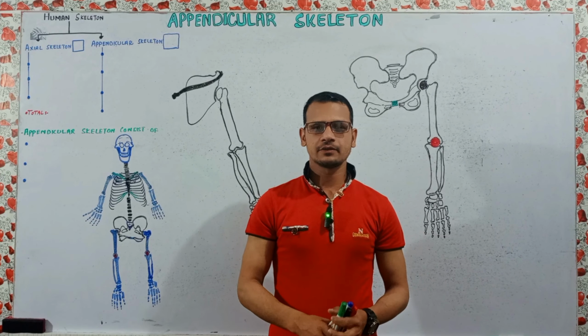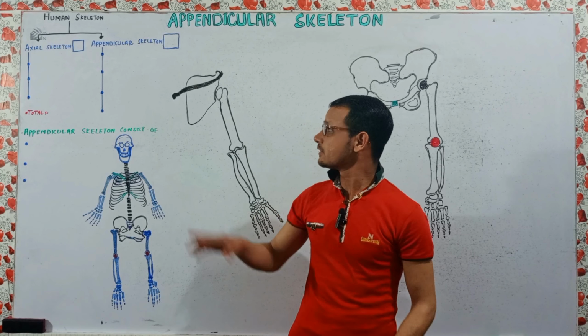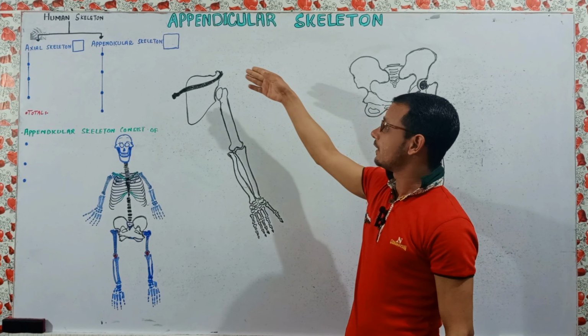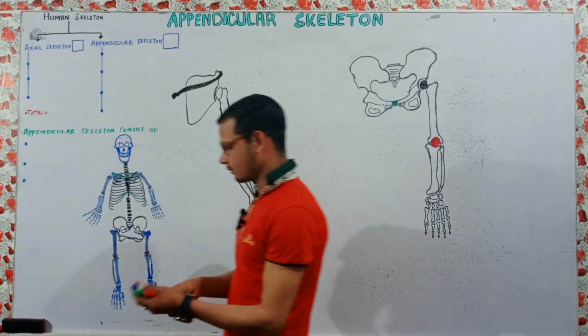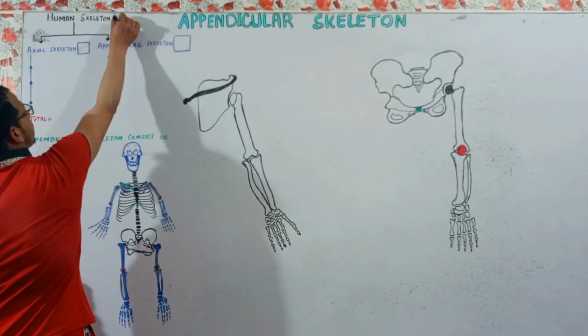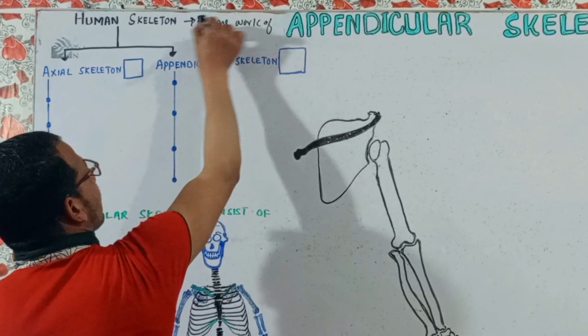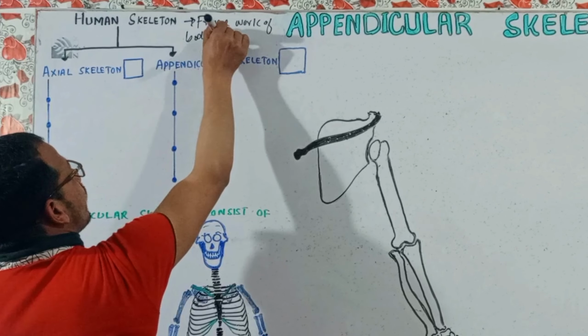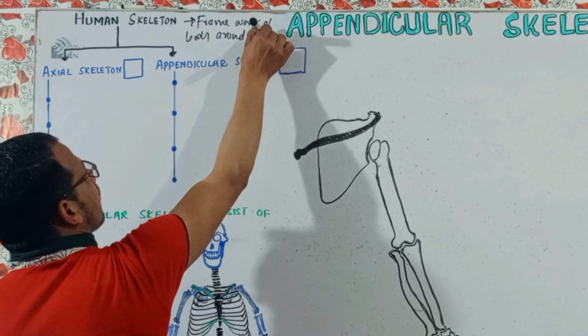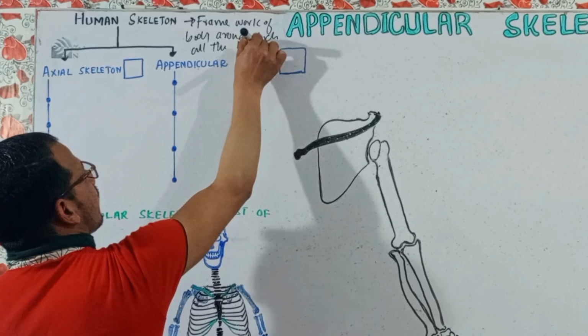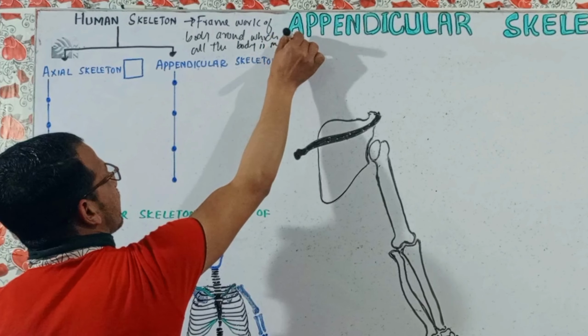So today in this lecture we will discuss the appendicular skeleton. Previously we have discussed the axial skeleton and the introduction to skeleton. As we know, the skeleton is the framework of the body, around which all the body is made, right?